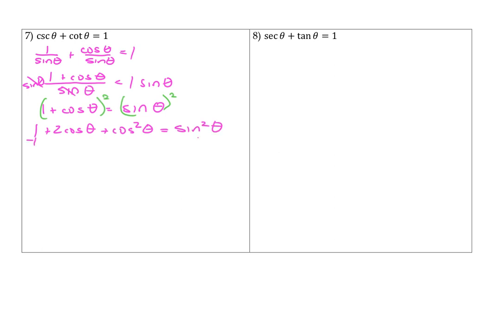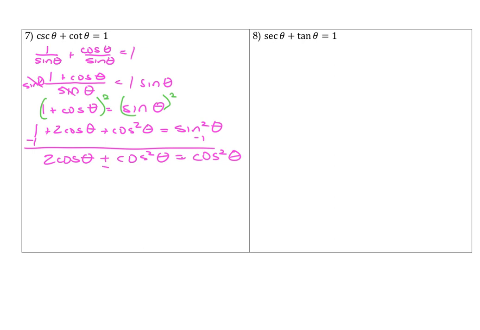I'm going to subtract that 1 so I can make it Big Daddy. 2 cosine theta plus cosine squared theta equals sine squared minus 1, which is part of that Big Daddy, and I can go ahead and replace that with cosine squared theta.